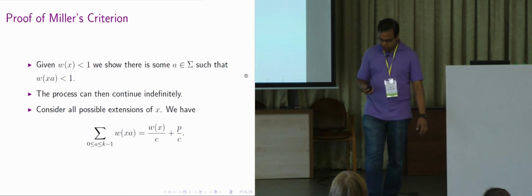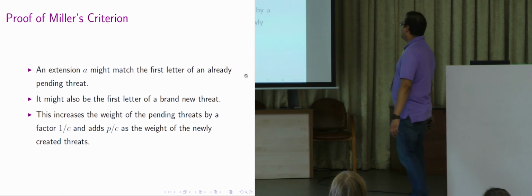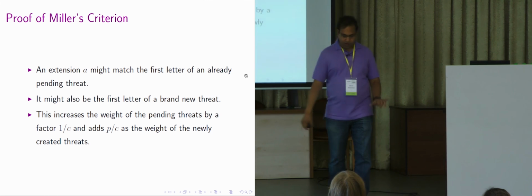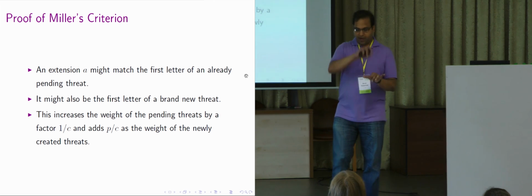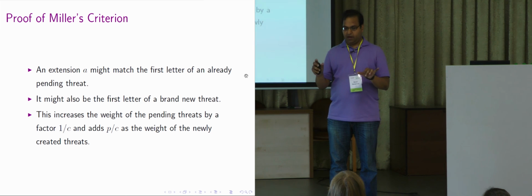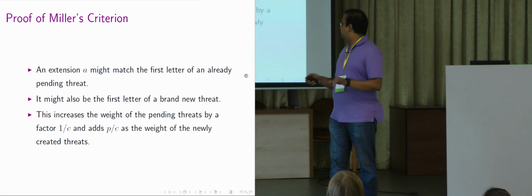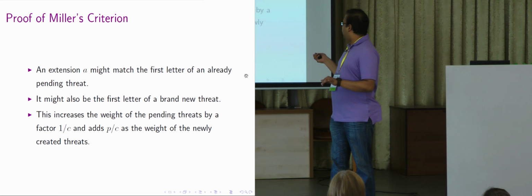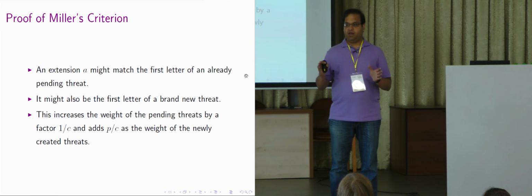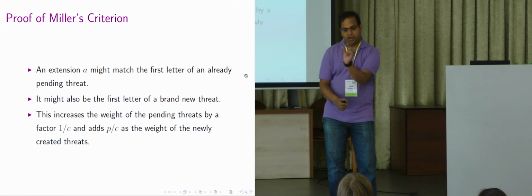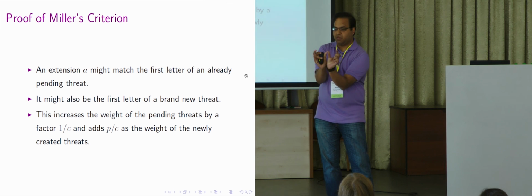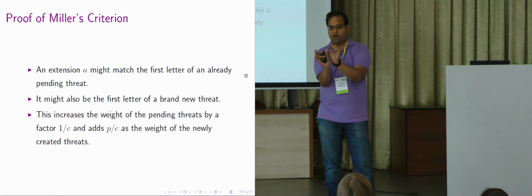So why should that be true? If I extend my word x by a letter a, that might match the first letter of an already pending threat. I have this suffix that can be completed to a forbidden word, and I stick in this a that already matches the first letter of that extension.